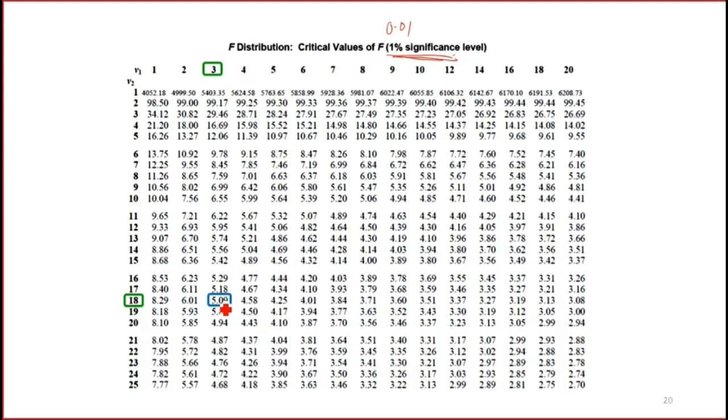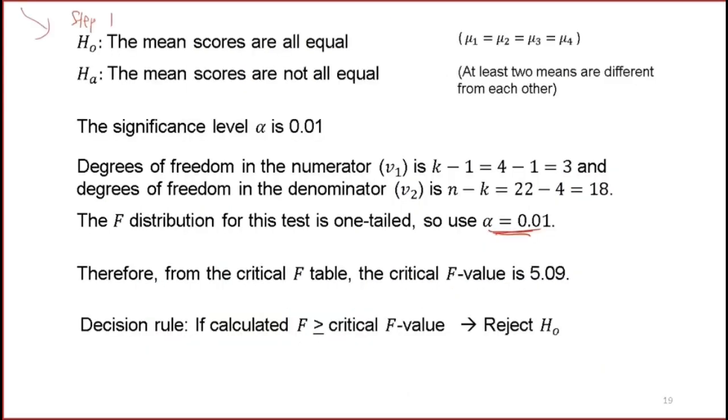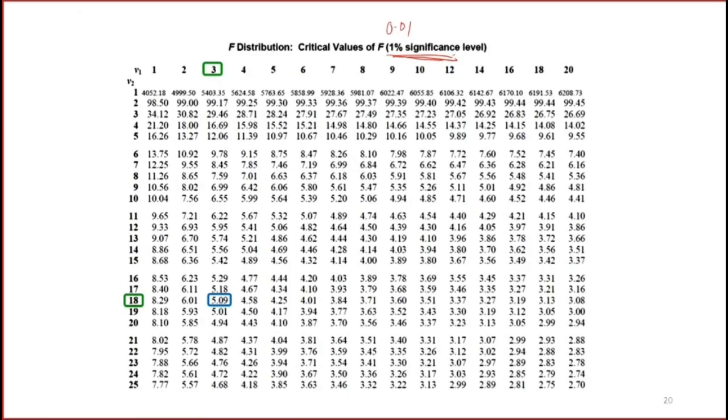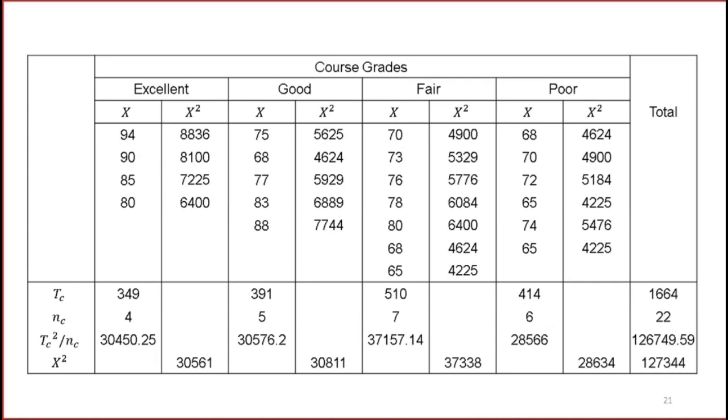The intersection between this column and row is 5.09. This is our critical value of F. Then the decision rule, same as the other tests: if calculated F is greater than or equal to critical, you need to reject the null hypothesis.